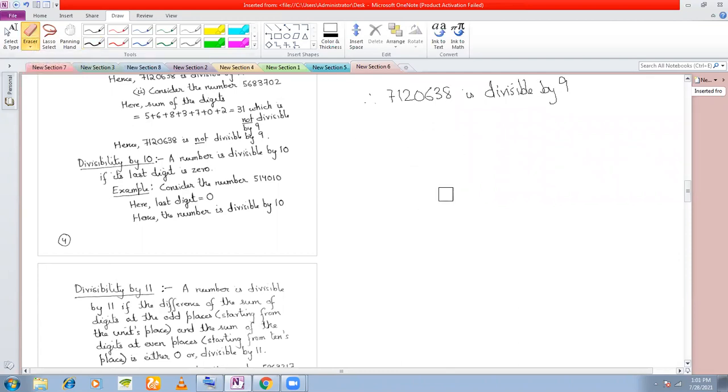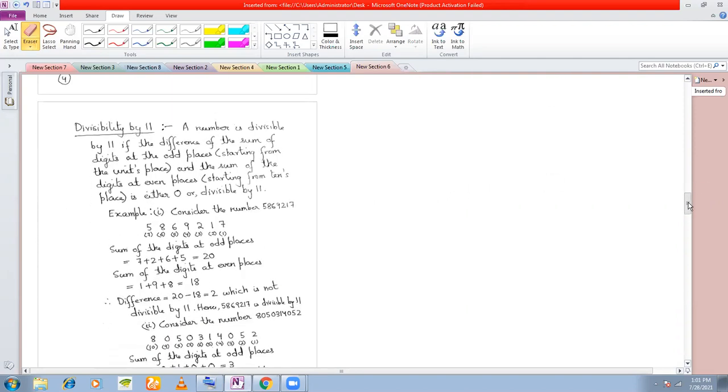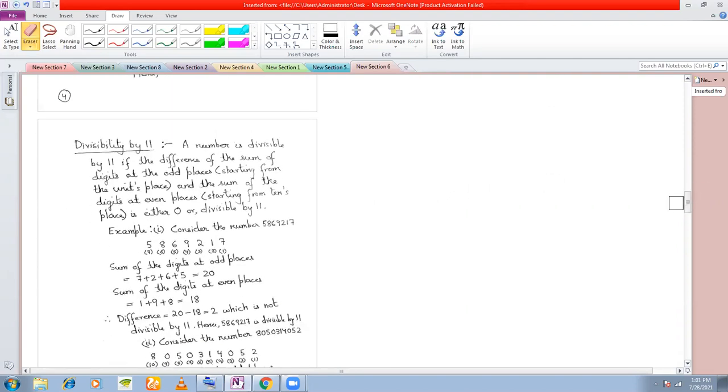Next, we'll see divisibility by 11. Again, a very important number, 11. When is a number divisible by 11? In order to check whether a number is divisible by 11, let us consider an example. Let us consider this number 5869217.